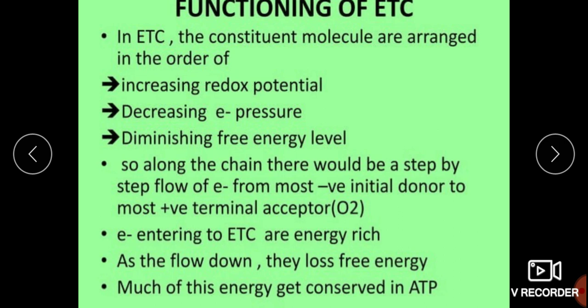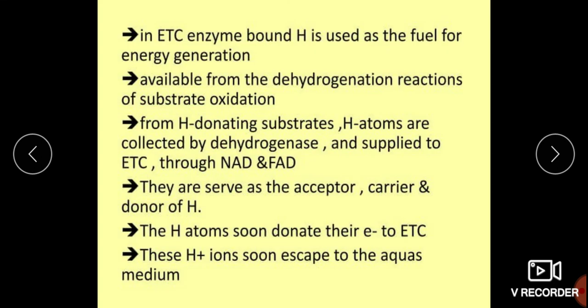The terminal electron acceptor for aerobic respiration is molecular oxygen. As the electrons flow through the ETC, they lose their free energy. In the ETC, enzyme bound H plus is used as a fuel for energy generation.